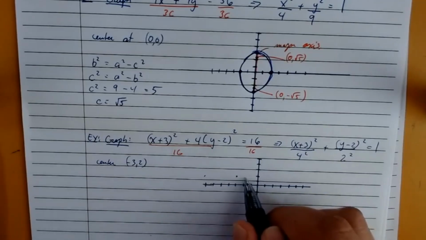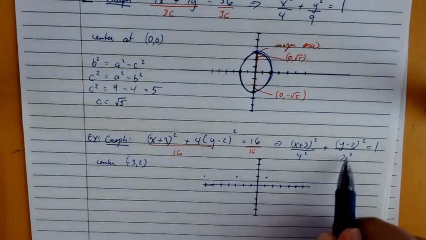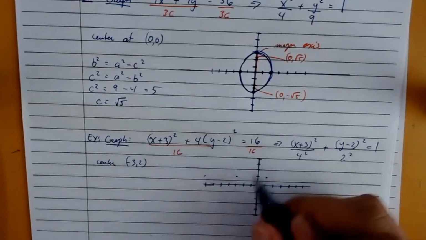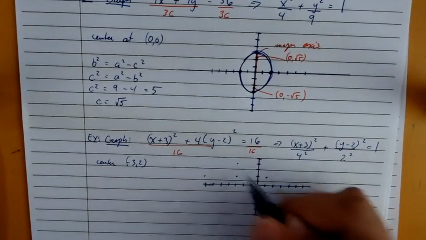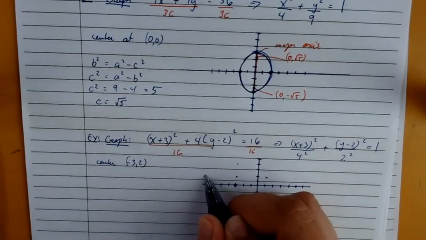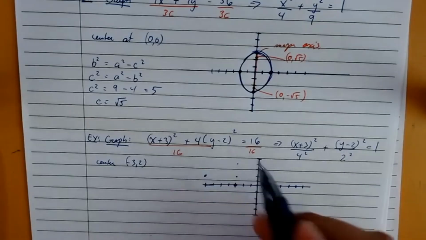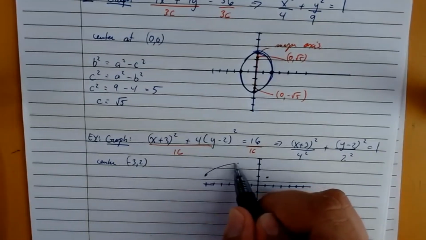And I'm going to go right, 1, 2, 3, 4. Now my minor axis, I'm going to go 2 steps in either direction from my center. 2 squared, that was our 4 from before. So it's going to be 2 steps up, 1, 2, and 2 steps down, 1, 2, right here on the y-axis.